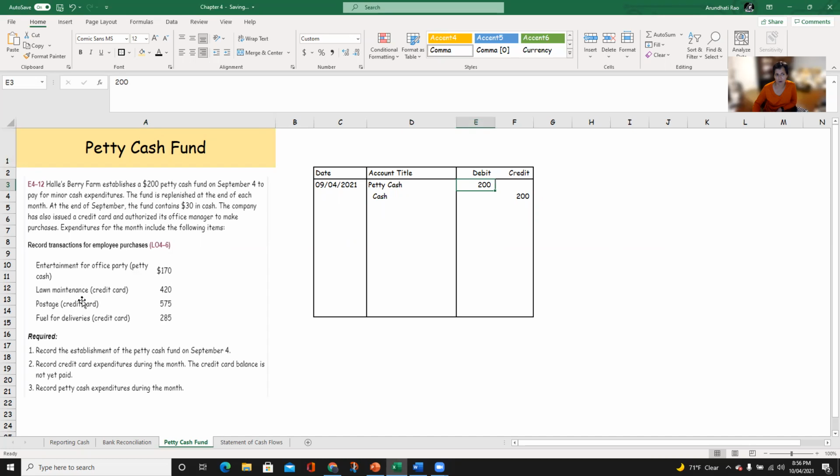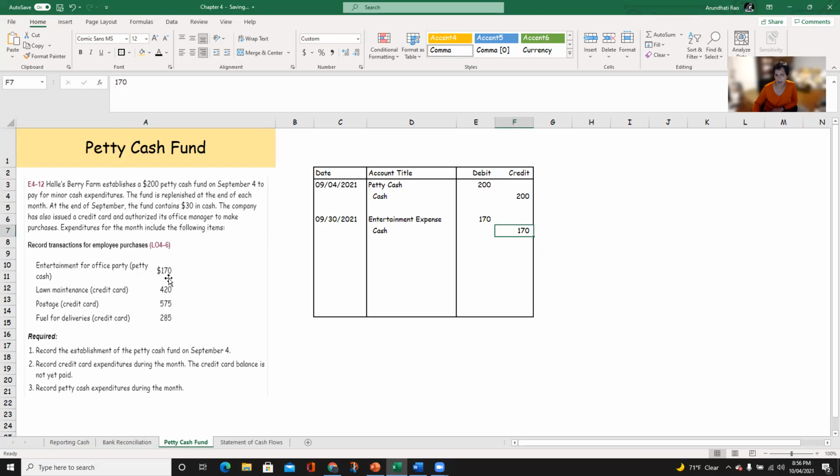Then we have lawn maintenance using the credit card, postage using the credit card, fuel for deliveries using the credit card. So let's go ahead and do our journal entry. On September 30th, we have entertainment expense debit and cash credit, and that's for the money that was used from the petty cash account.